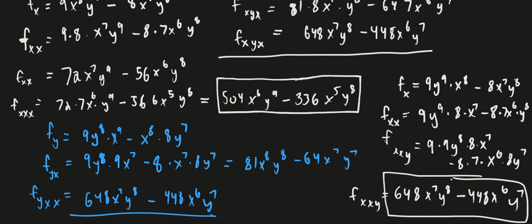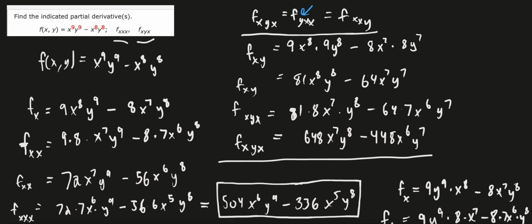Same exact stuff. That's equal. So hopefully that kind of opened your eyes as to how they're equal. It just needs to have these three variables, x, y, x, and they can be in a different order, and you'll still get the same answer. That's it.